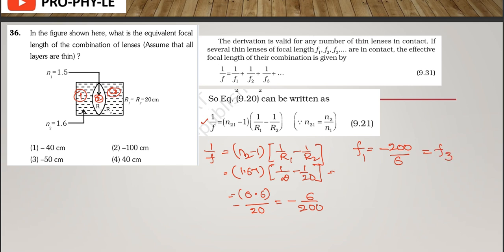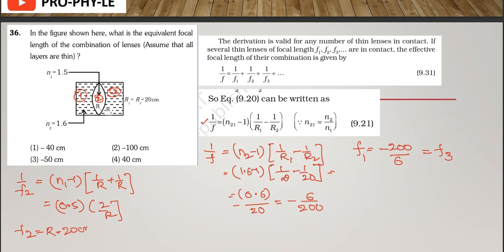And if you look at the second lens, 1 by f2 will be equal to (n1 minus 1) into, as it is an equiconvex lens, 1 by r plus 1 by r, so this will be 0.5 into 2 by r. So f2 will be equal to r, that is 20 centimeters.